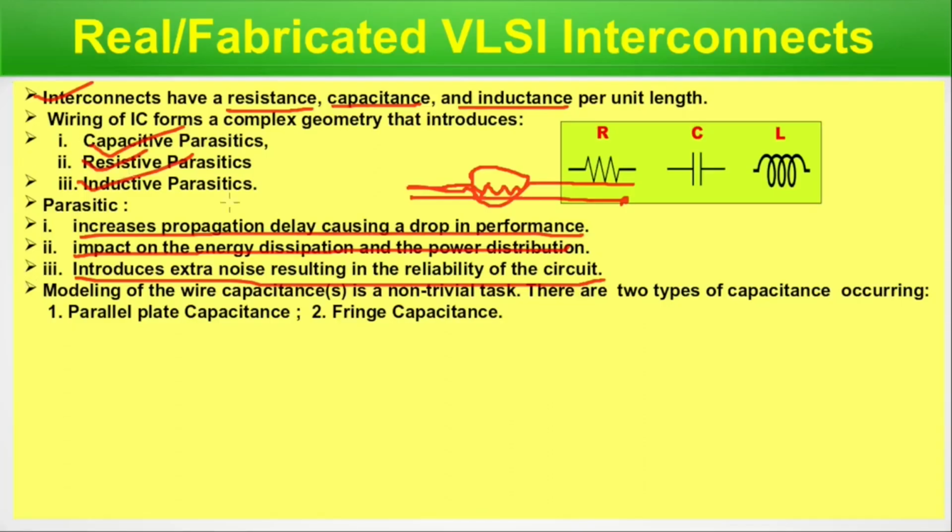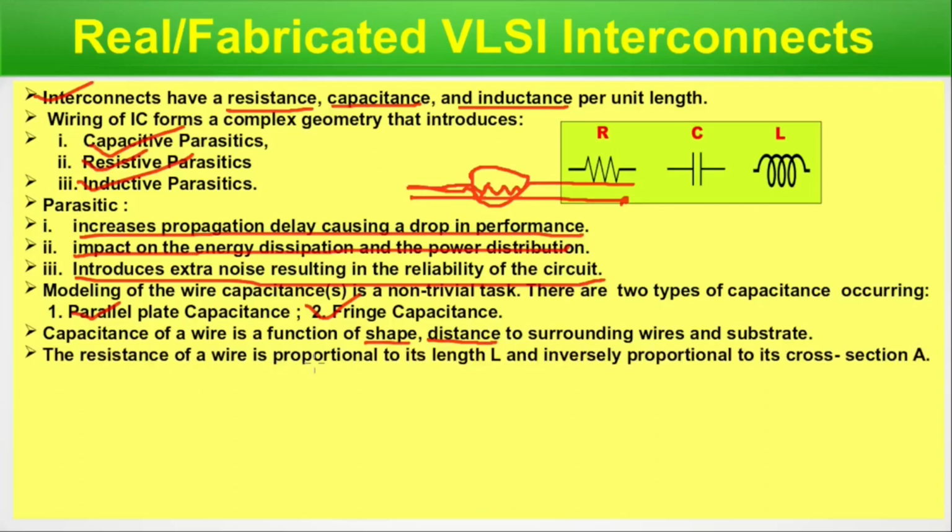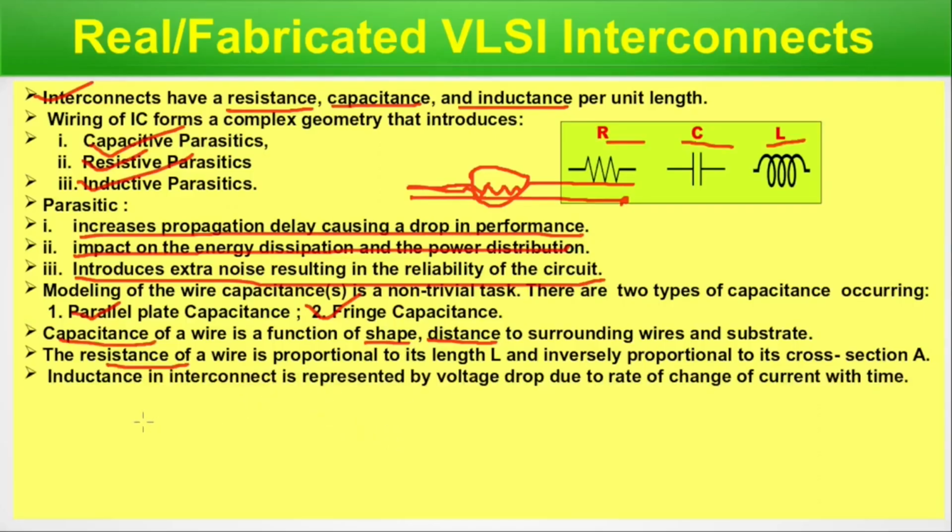So modeling of wire capacitances is a non-trivial task. It's really tough work. There are two types of capacitance occurring: parallel plate and fringe capacitance. Capacitance of a wire is a function of shape, distance, and surrounding wires and substrate. The resistance of a wire is proportional to its length and inversely proportional to its cross-section A. We all know that R is equal to rho L by A. Inductance in interconnects is represented by voltage drop due to rate of change of current with time.